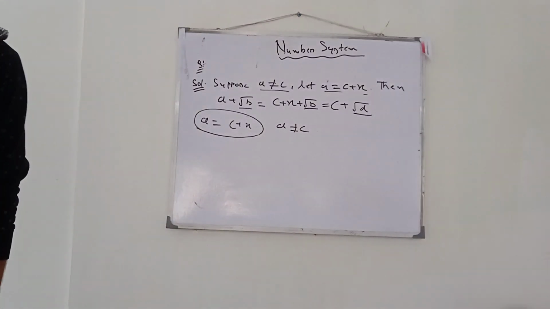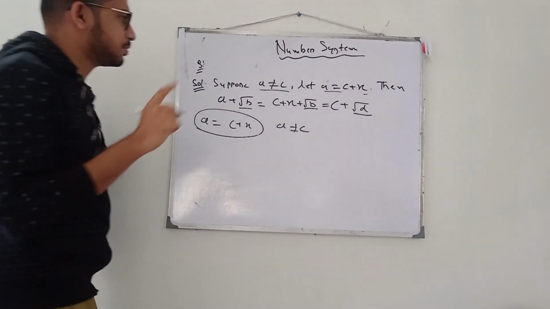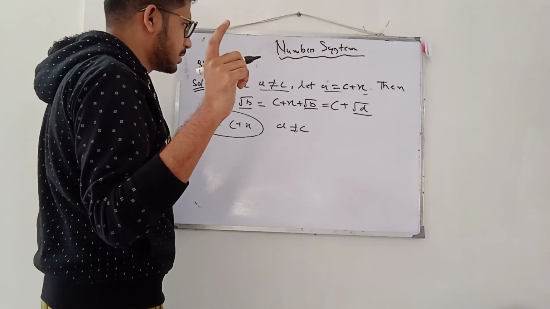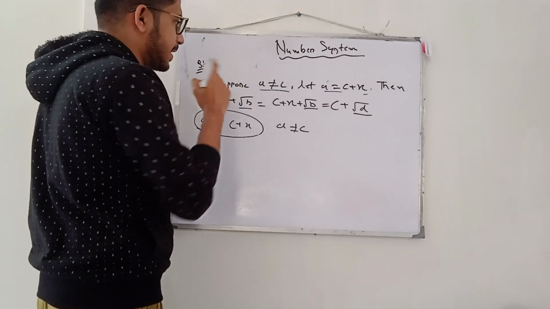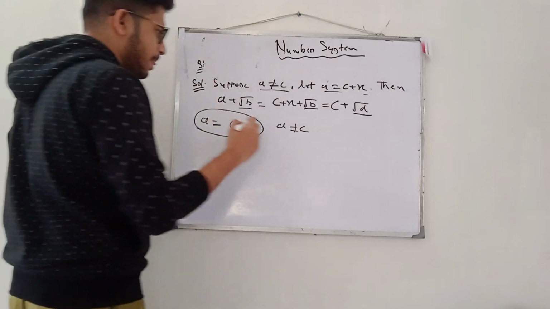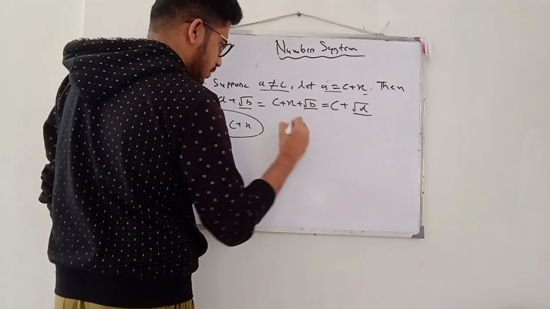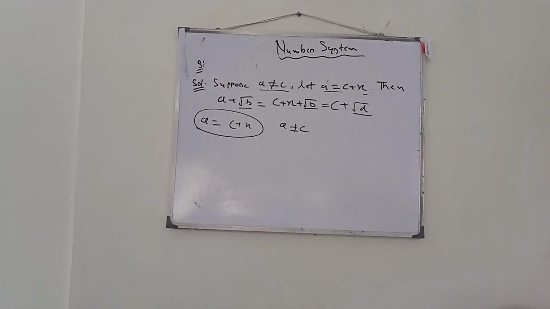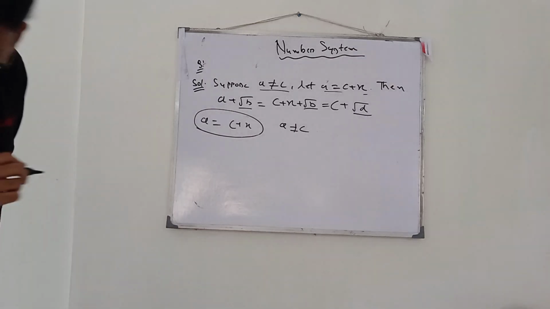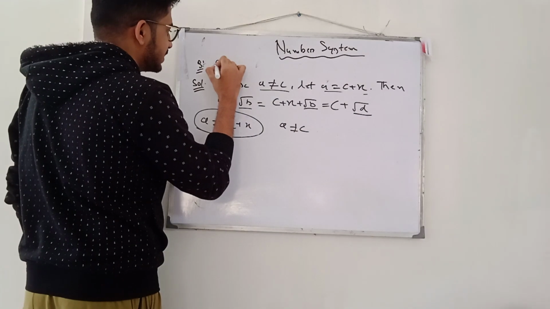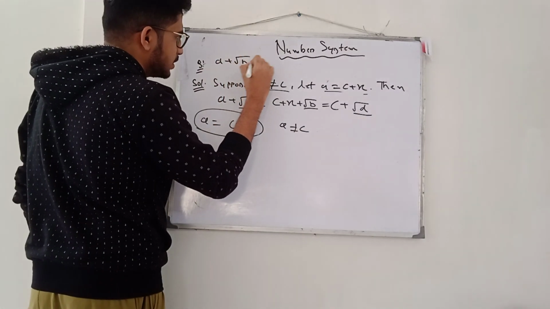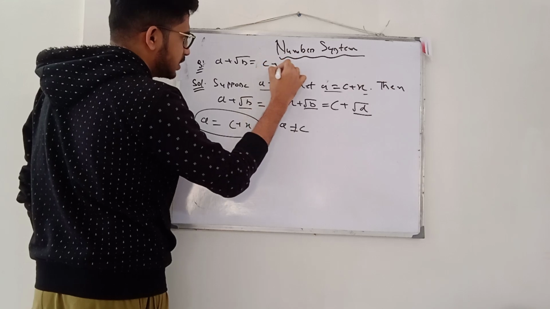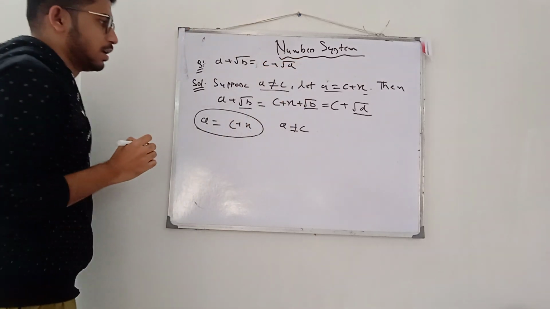Here the question was a plus root b is equal to c plus root d.